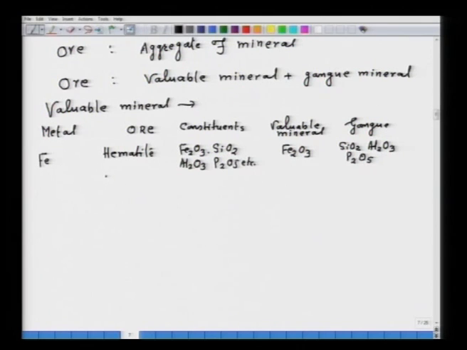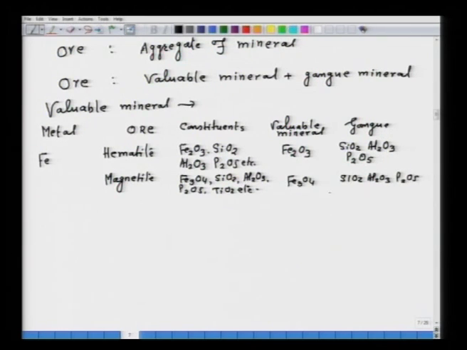Similarly, another example, magnetite. Here the constituents are Fe3O4, SiO2, it can have Al2O3, it can have P2O5, it can also have TiO2, etc. The valuable mineral is Fe3O4, and rest all, SiO2, Al2O3, P2O5 and TiO2, etc., are the gangue minerals. Another example I take aluminum.